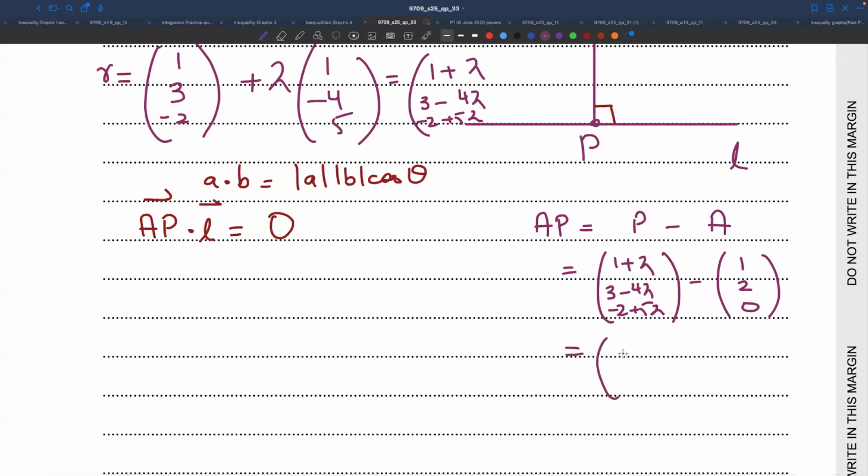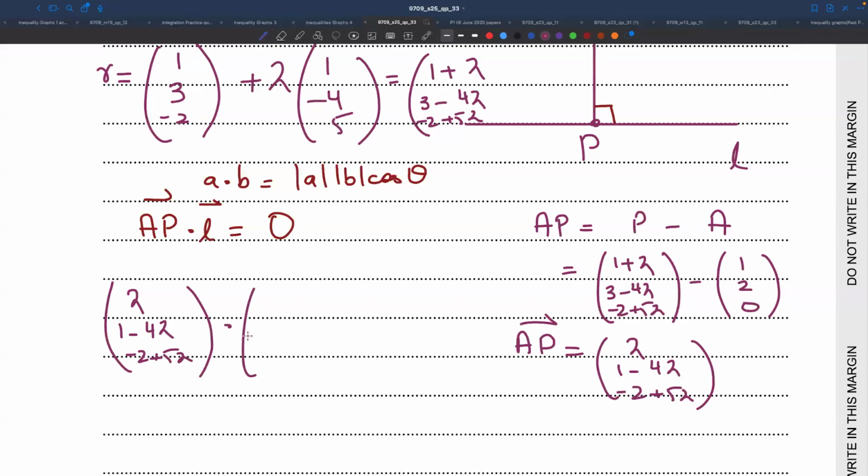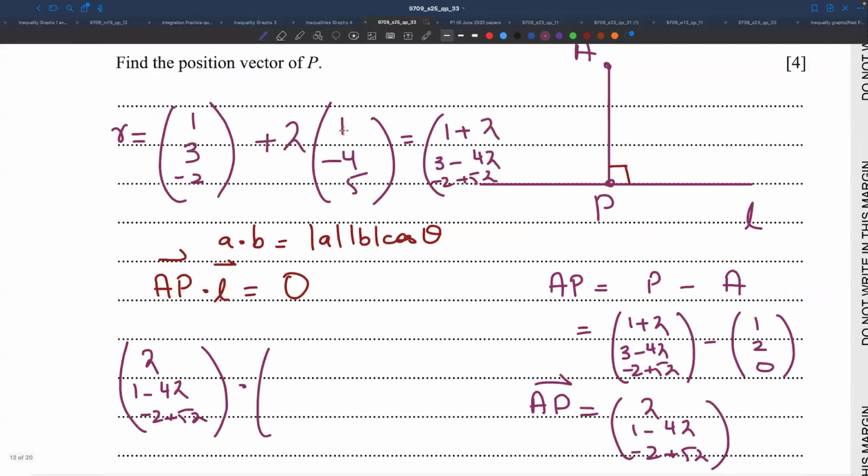Simplifying this, we'll get 1 minus 1, 0, 3 minus 2, 1, and minus 2 plus 5 lambda. So we have the direction for AP as well. Let's write it over here: lambda, 1 minus 4 lambda, minus 2 plus 5 lambda, times the direction of line L, which is 1, minus 4, and 5, as we found in the last part, equals 0.